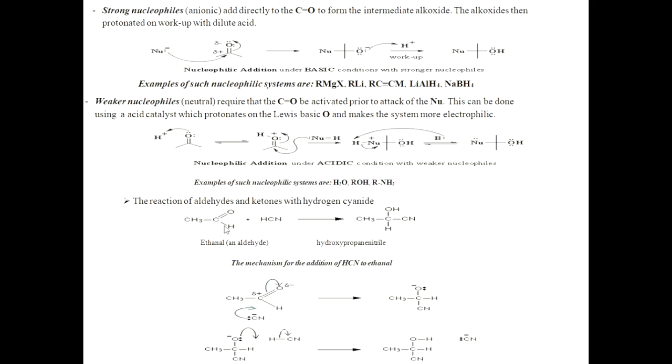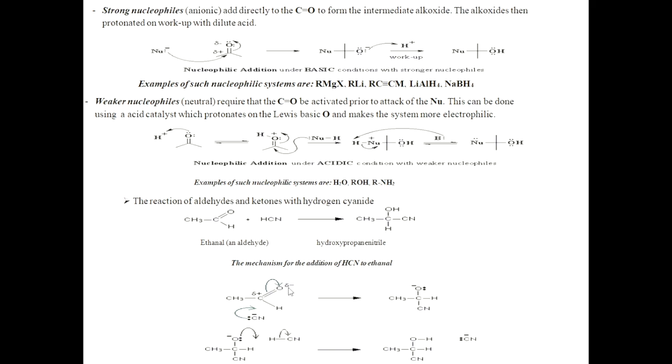So ethanal, or acetaldehyde, will undergo HCN addition, which will give a cyanohydrin, or we can say hydroxypropanenitrile. The mechanism is that in this acetaldehyde, the carbonyl group will undergo partial polarization.